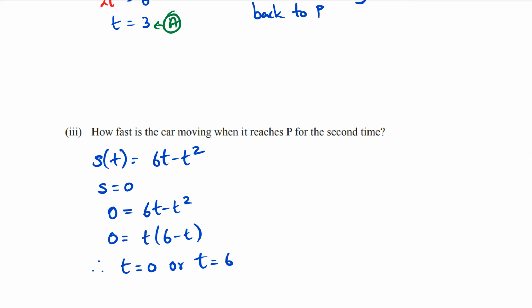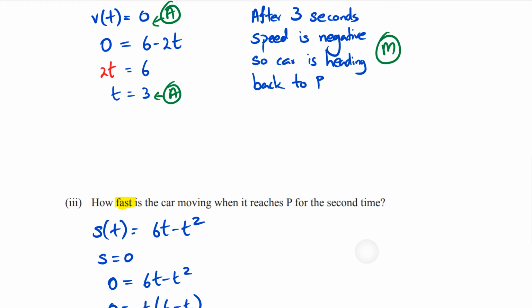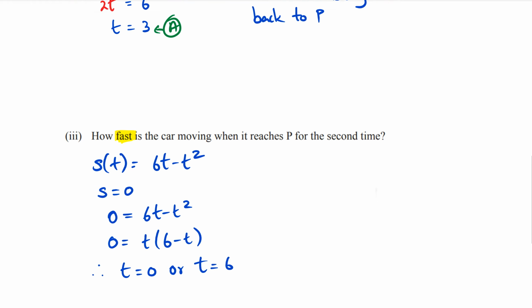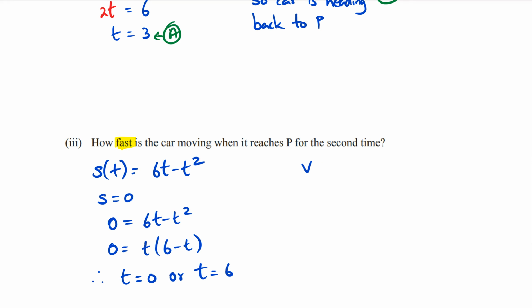But here's the thing, that's when it reaches P for the second time, but the question is actually asking how fast the car is going. So we need to figure out, when t equals 6, what is the velocity? We go back to our velocity function, v of t is equal to 6 minus 2t, and we find the velocity when it's 6 seconds.